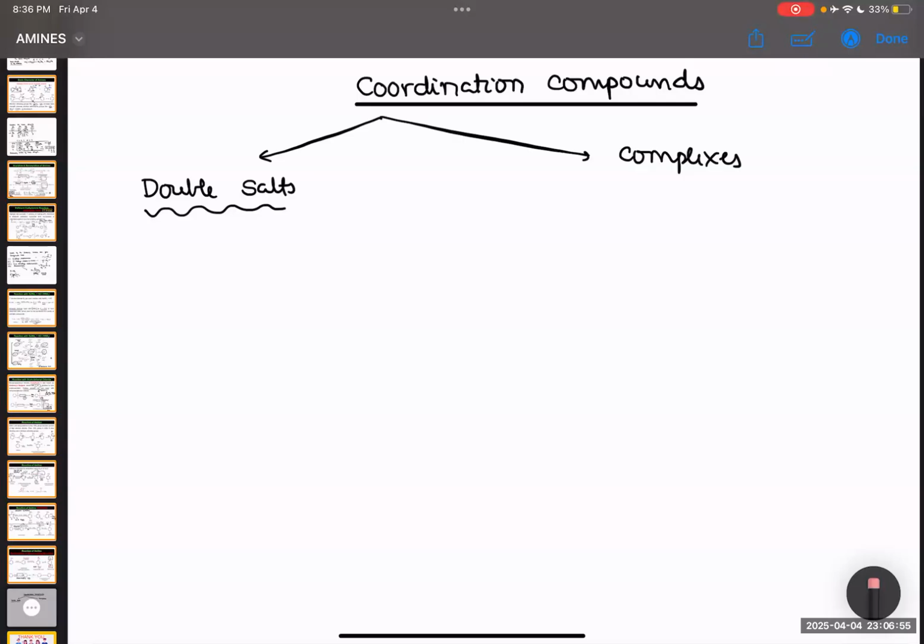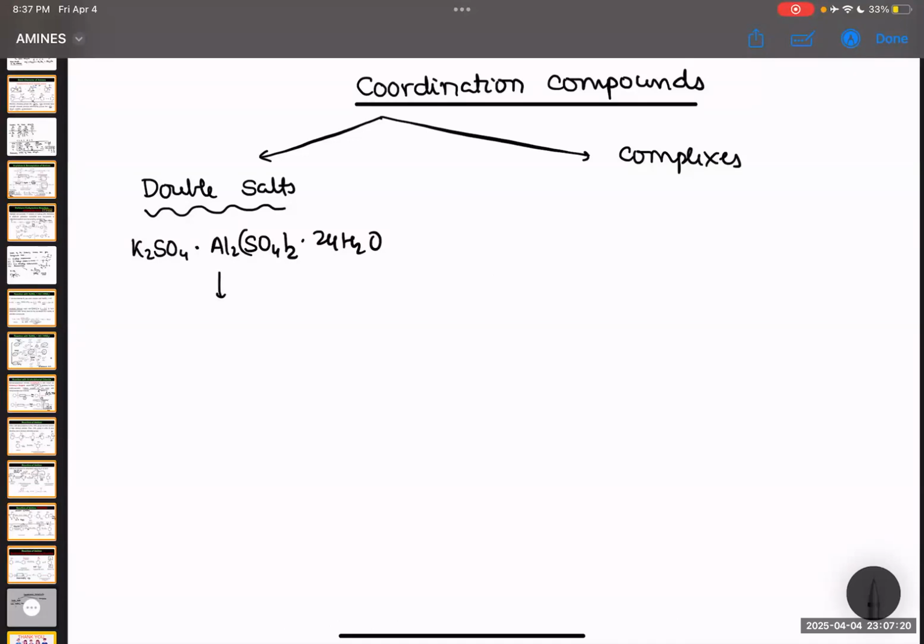Double salts, like potash alum. Got it? Potash alum, if you put it in water, what happens?